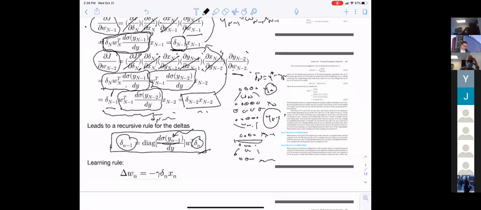Once you've done your forward propagation and your back propagation, you have the values of the data. You've got x at every single level and y at every single level, including the output, and you've got the deltas at every single level. Now finally you're ready to learn just the way you normally would.